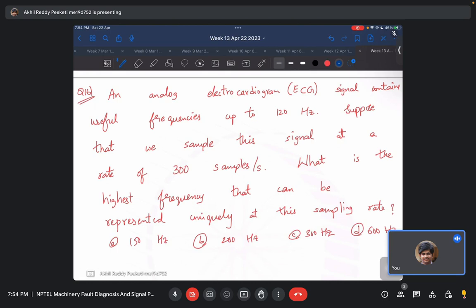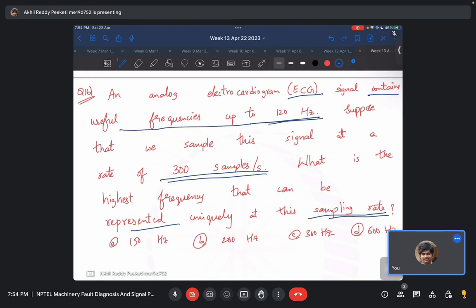So you have an electrocardiogram signal with useful frequencies up to 120 hertz, and we are sampling this at 300 samples per second. What is the highest frequency that can be represented uniquely at this sampling rate? So first of all, if you have useful frequencies up to 120 hertz, what is the sampling rate that is necessary to track up to 120 hertz?